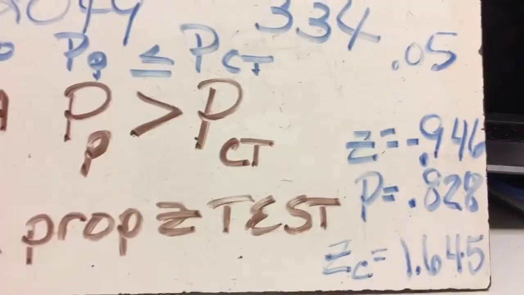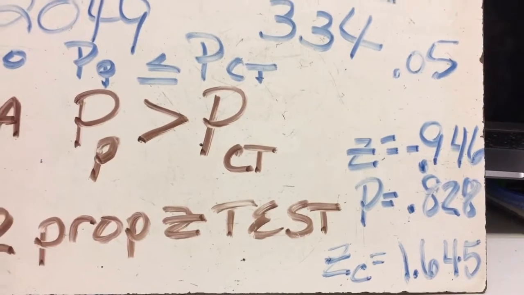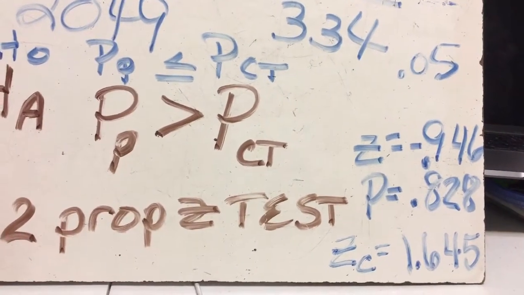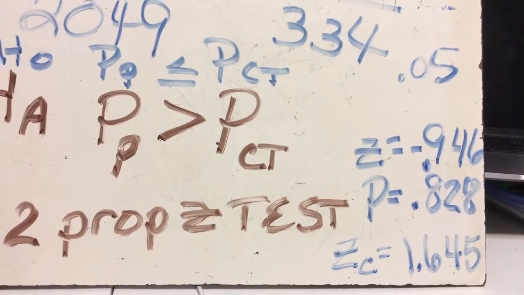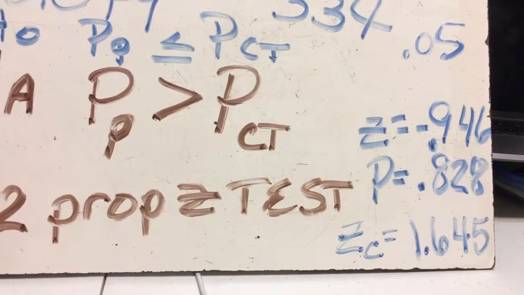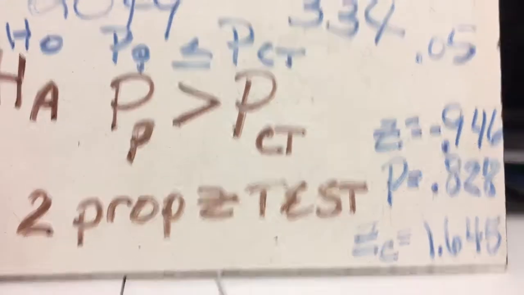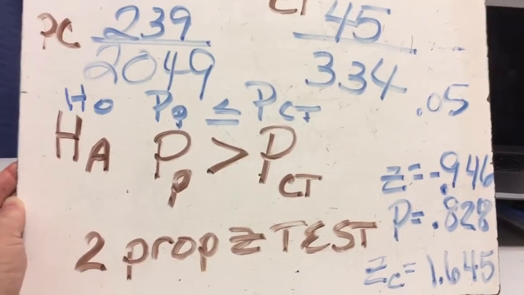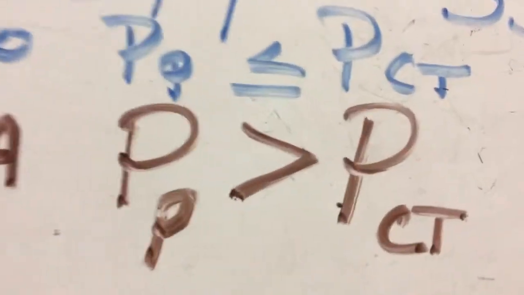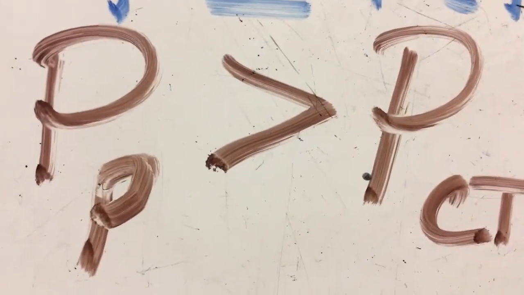Now down here are my scores. Z is negative 0.946. That's my test statistic. P-value is 0.828, and my Z sub C, which is my critical Z-score, is 1.645. Now, notice that we have 0.05 as our alpha, but our alpha is in one tail, not 2 tails.